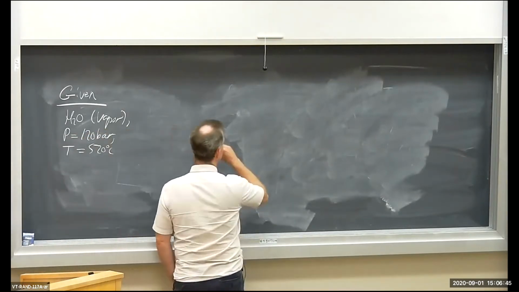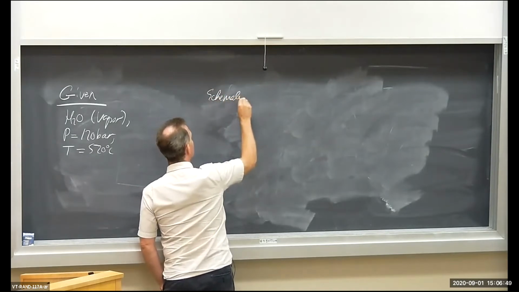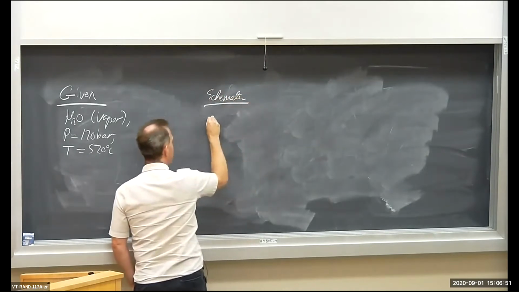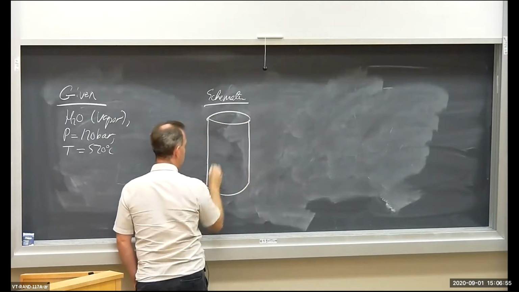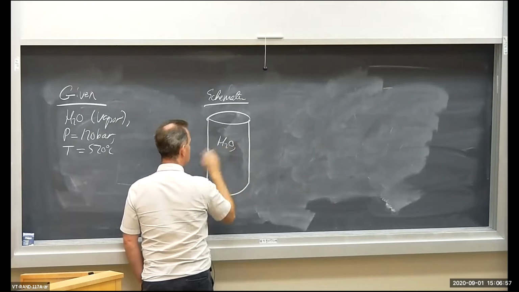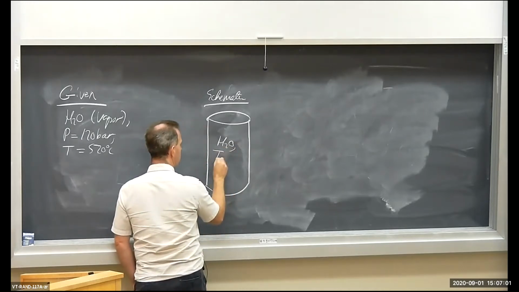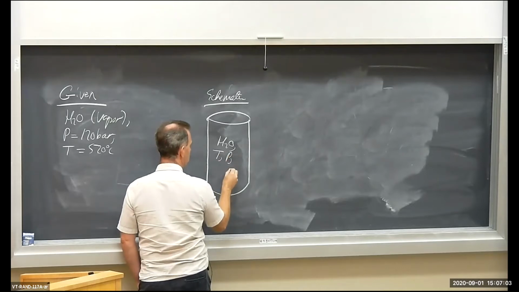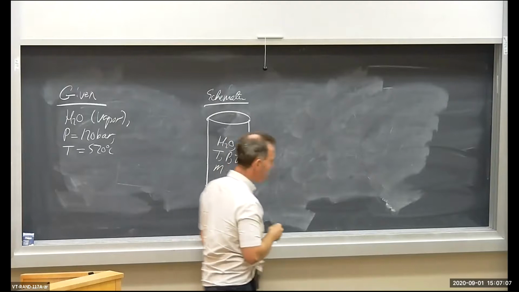Let me show you a schematic here. So we have a container. So here's our H2O. And this container has a certain temperature, a certain pressure, a certain volume, and a certain mass, okay?